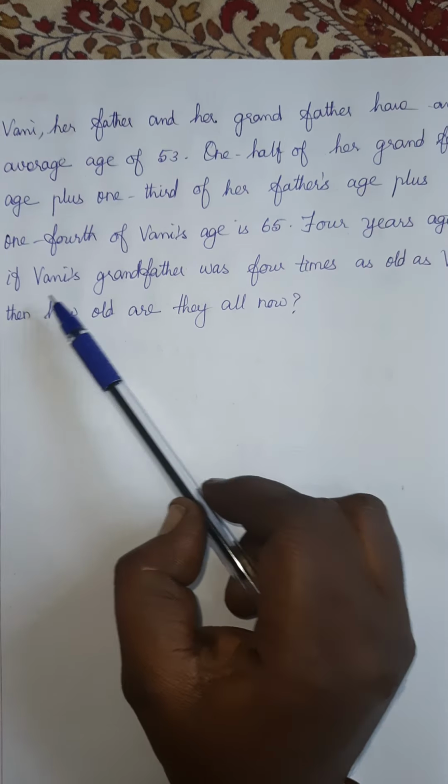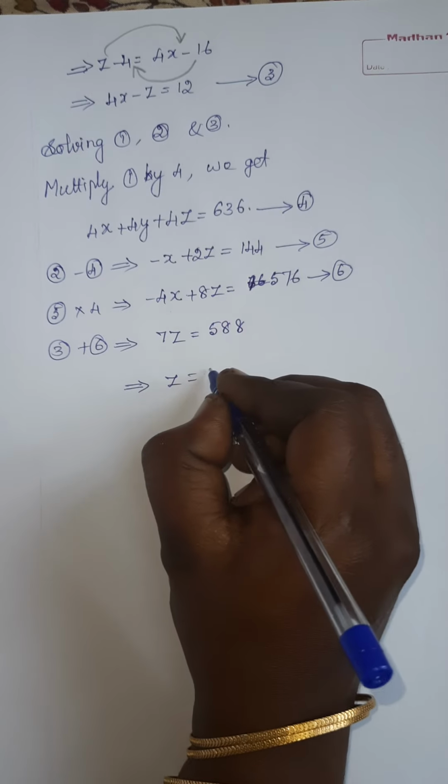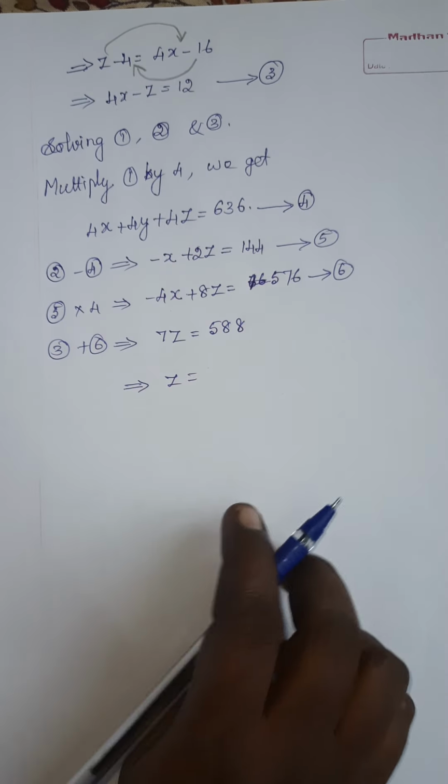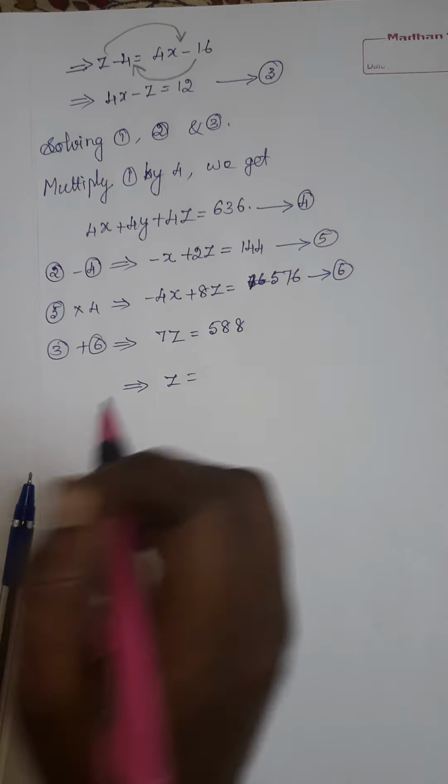Okay, so equation 3 plus equation 6. So 4x minus 4x is 0, minus z plus 8z, that is 7z, equal to 576 plus 12. It is 588. Okay, now we can find out the z value, which implies z is equal to 588 divided by 7, that is 84.